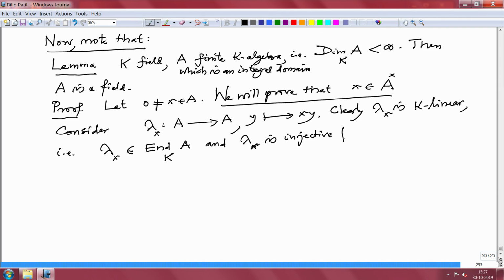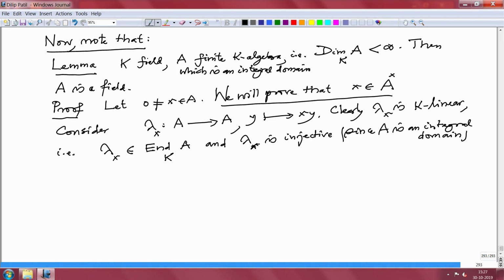This is because A is an integral domain and doesn't have zero divisors, so no non-zero y will go to 0. If y goes to 0, then x times y is 0, but x is a non-zero element, so y must be 0. So that proves lambda x is injective.